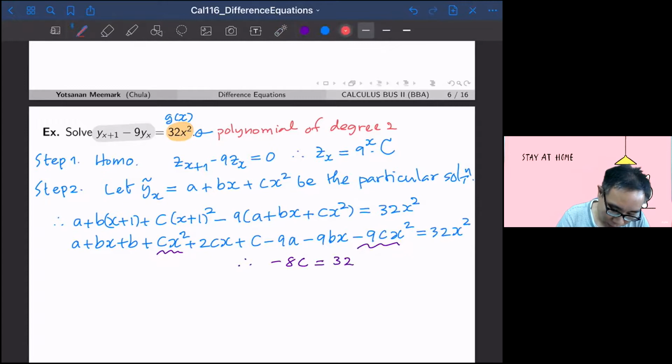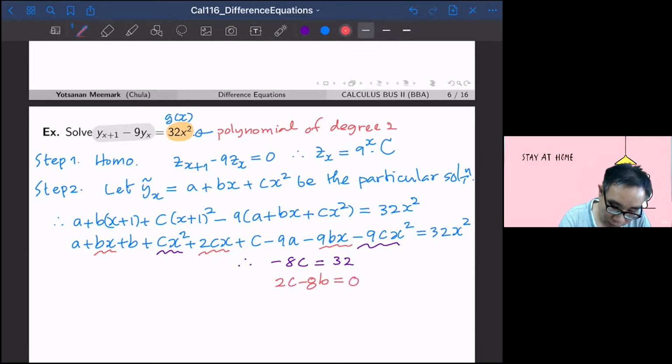And you have the coefficient of x, so it's going to be 2c minus 8b equal to 0.